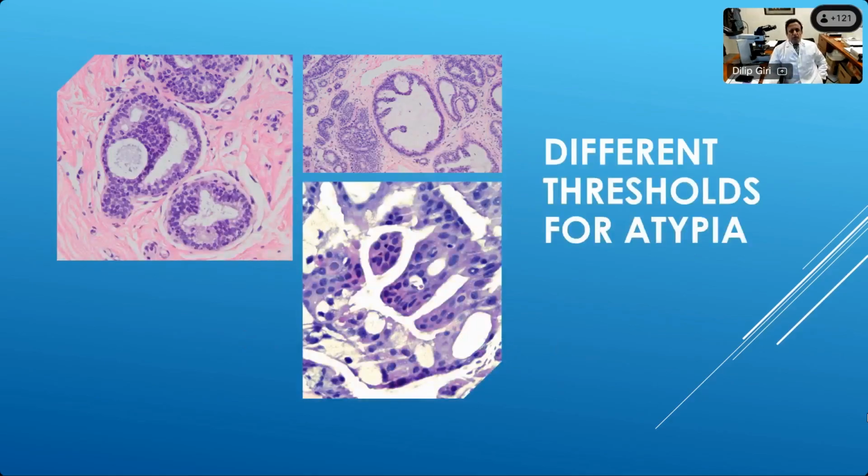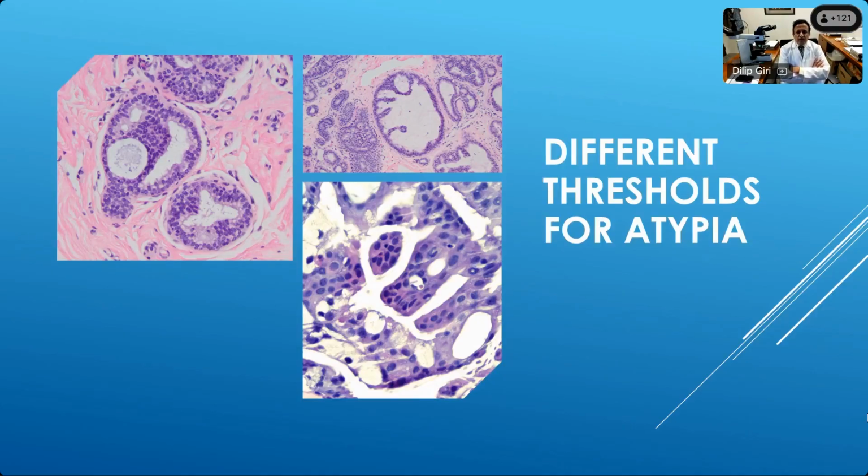Now, obviously, the first and foremost is that we all have different sets of eyes, right? And therefore, we have different thresholds for atypia. Something that looks atypical to me may not look atypical to you. And so, obviously, we then have to go by what the majority thinks.